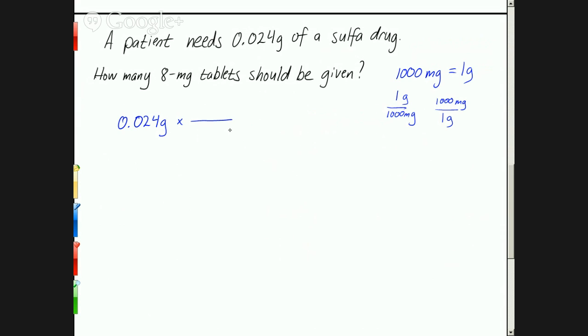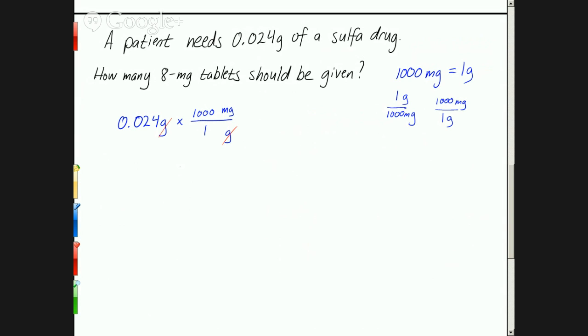The way we do that is by putting the grams on the bottom and the milligrams on the top. This number by itself is assumed to be on the top, so grams divided by grams means that the grams will cancel out, and we're left with milligrams. All that's left then is to fill in the conversion numbers from our original conversion. So the 1,000 goes with the milligrams, and the 1 goes with the grams.